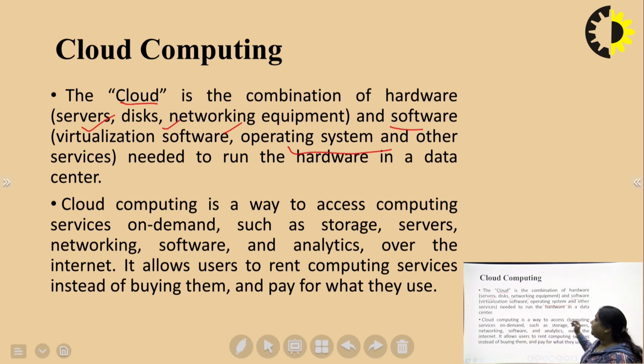So cloud is a place, a data center, where all types of hardware and software are collectively placed, and users can access their resources from that place. That is called the cloud.